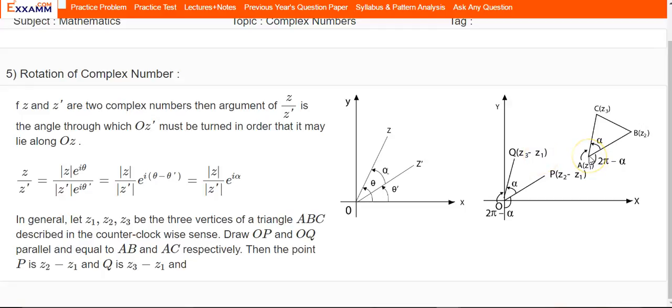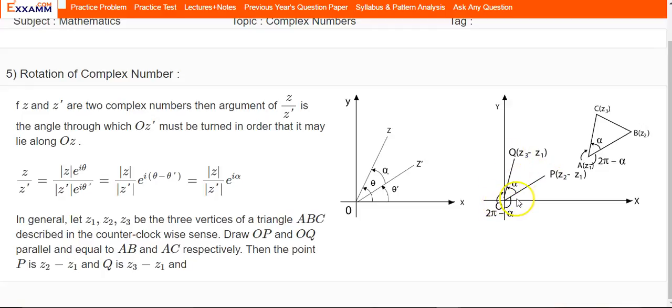It is akin to saying that we have shifted origin to point A. By the analogy of shifting of origin and applying it in the context of complex number, we can very easily understand that Z2 minus Z1 and Z3 minus Z1 are the coordinates of point P and Q.